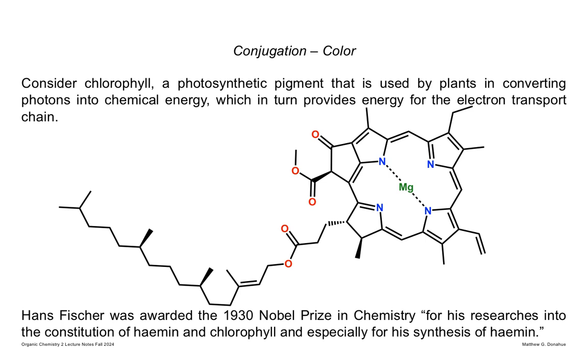One thing we all learn pretty early on in our education is why plants are green. Chlorophyll is a natural photosynthetic pigment. Well, it's a natural photopigment, not synthetic, present in plants, and it converts light into chemical energy.